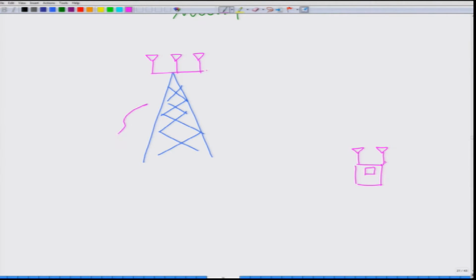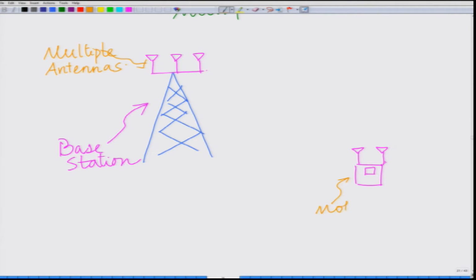This is my base station, which has multiple antennas, and this becomes your multiple input, because these are the inputs to the channel, and this is the mobile device, and this also has multiple antennas.